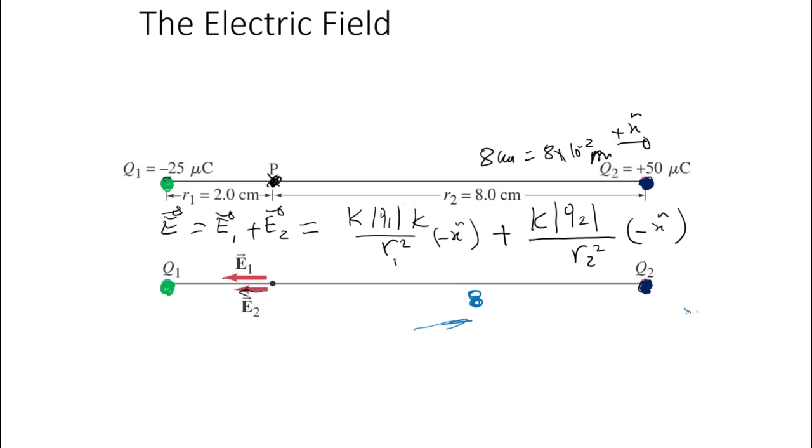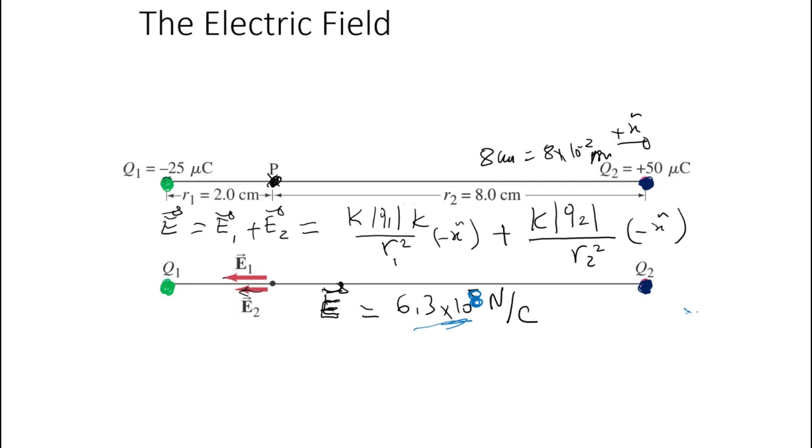Remember, the distances have to be in meters because the Coulomb constant is in newton meter squared per coulomb squared. So to find the force in newtons, R1 and R2 have to be in meters. If we did the calculations correctly, we should find the total electric field E to be 6.3 times 10 to 5 newtons per coulomb.